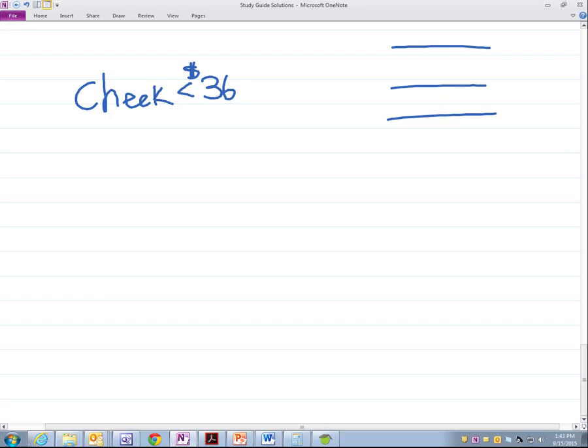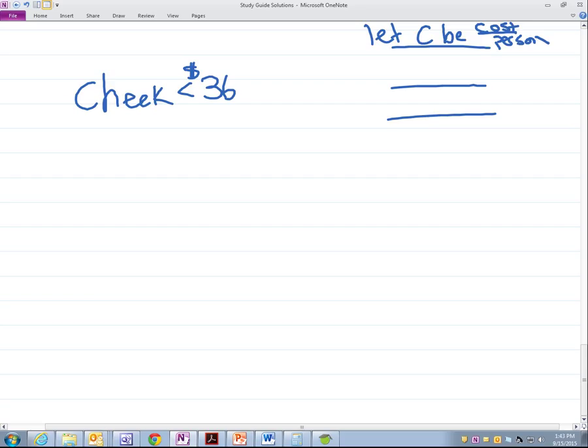Okay. So 47, I'm going to have my check be, I'm going to go ahead and use C. Not the total check. Cost per person. Okay, so let the C be cost per person.